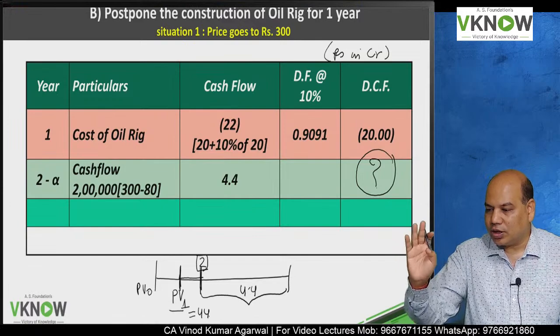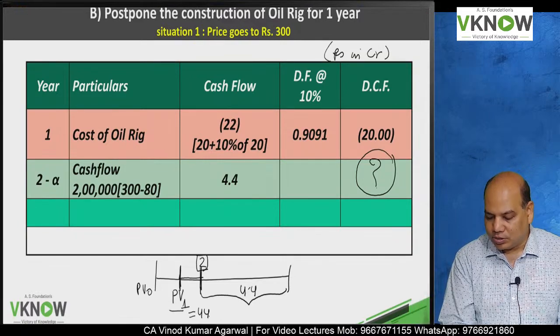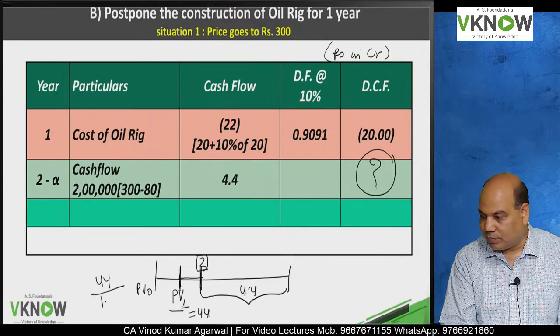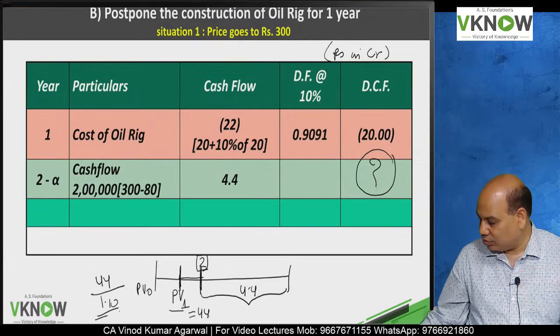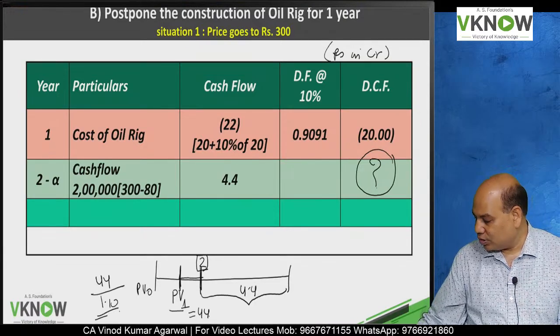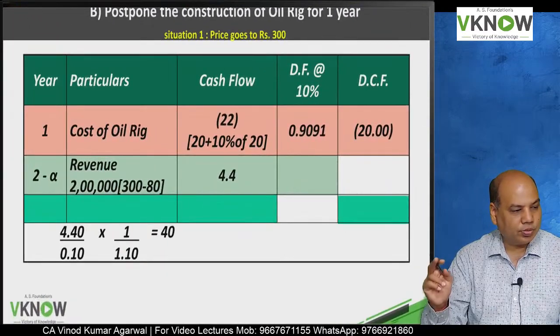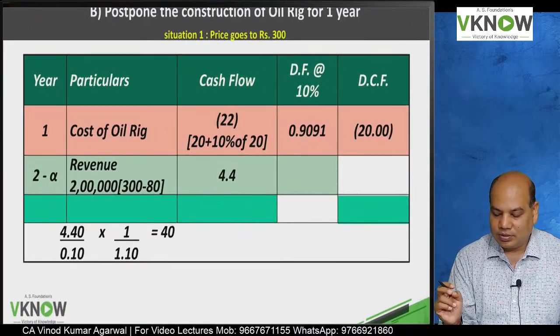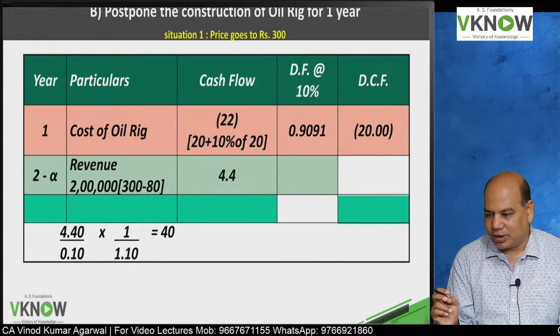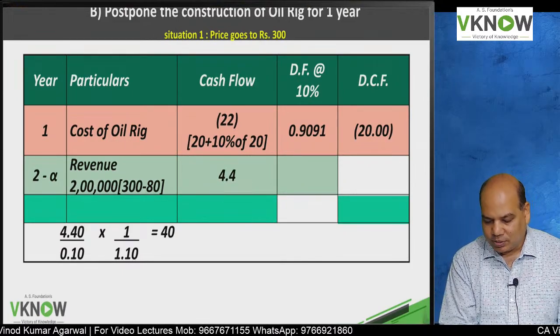PV1 is 44, I understand. PV0 will be how much? 44 divided by 1.10. Now you are right. So the answer is 40. You have to further divide by 1.10. Write down working below.